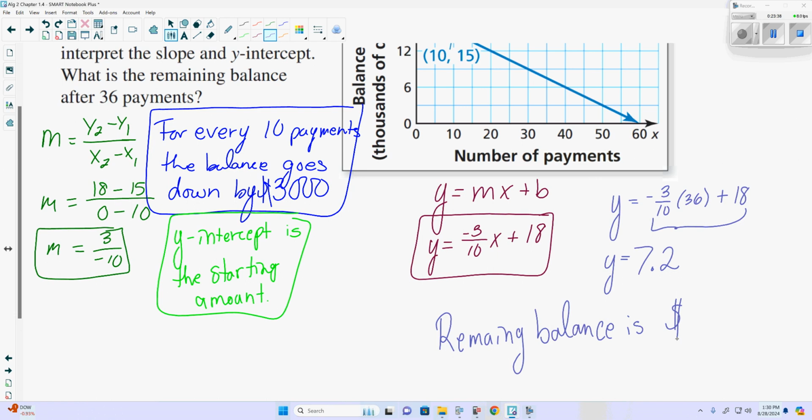I don't think so. Because again, what's our y always in for this year? 1,000. So it's not 7.2, it's really what? 7,200. Does that make sense? Because if we had $7.20 remaining on a loan, I'd hope you just pay that off and be done with the thing.